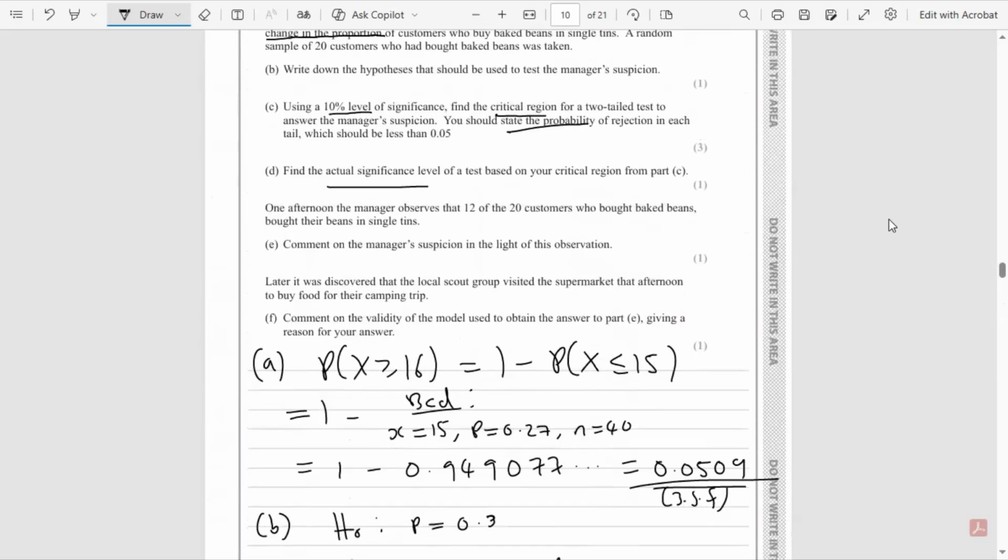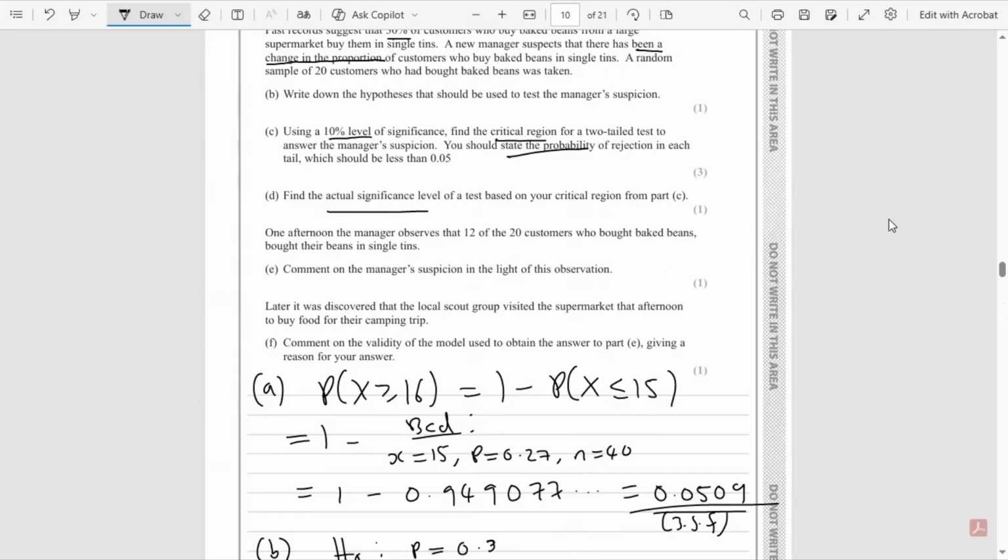Now, there's one more part to this question, part F. Later it was discovered that the local scout group visited the supermarket that afternoon to buy food for their camping trip. So this afternoon where there were 20 customers, it seems that these 20 customers were from a local scout group.